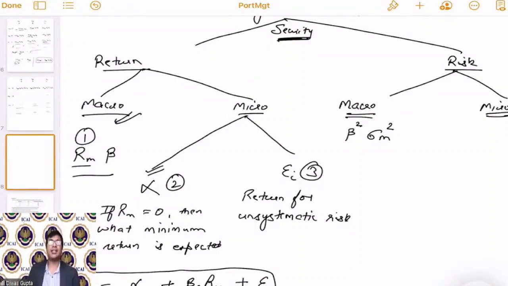So this will give us the systematic risk in the security. Okay. And on the micro factor, which is the unsystematic risk, it will be the standard deviation because of the unsystematic factors. So this is the unsystematic factor related standard deviation square.